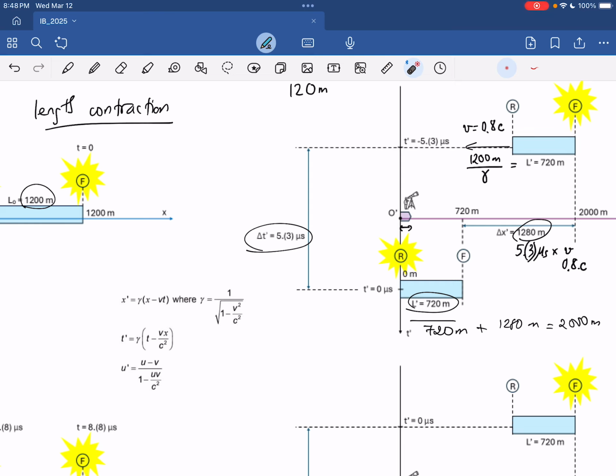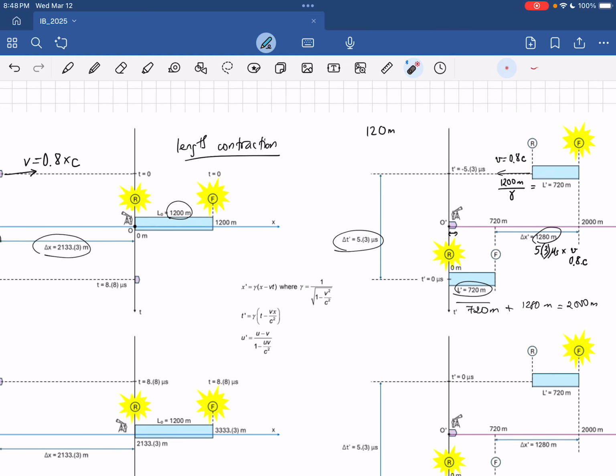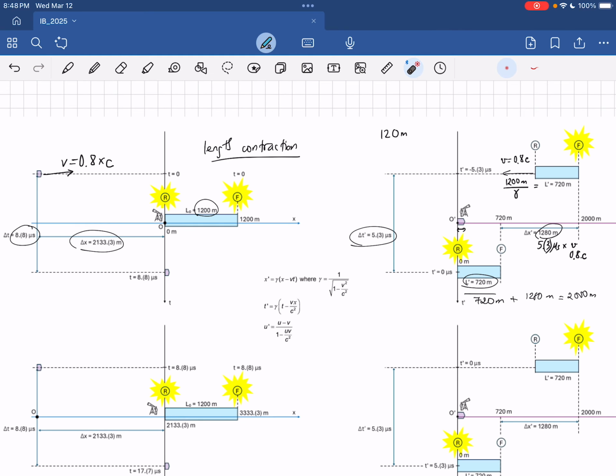Everything makes sense. And now if you compare here, you can see again the length contraction rule, also like time dilation. For the spaceship, it sees that the space station is moving over this much amount of time. This is the time the one on the spaceship feels. But for the space station, because you see the ship moving, and the ship thought that, oh, I'm moving in just 5.3 microseconds.